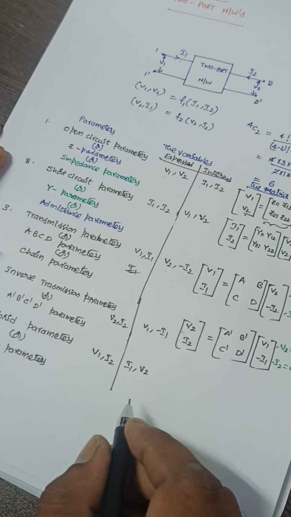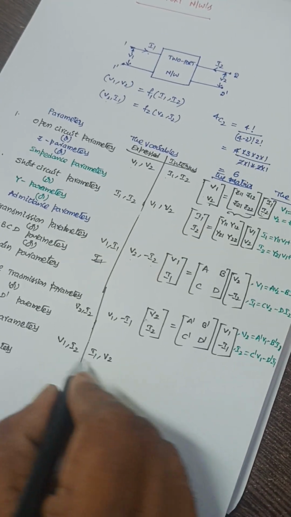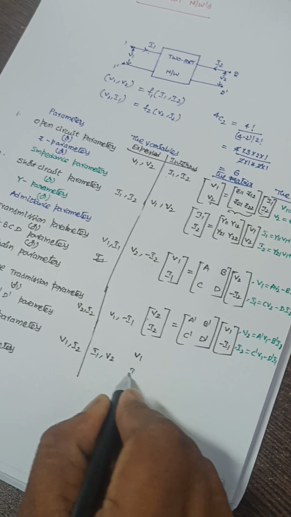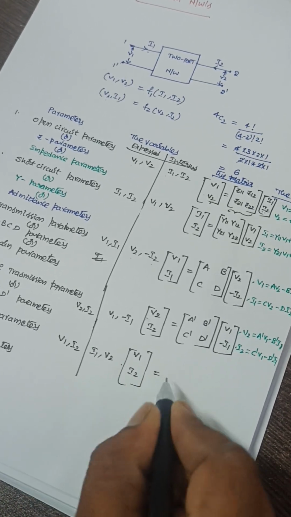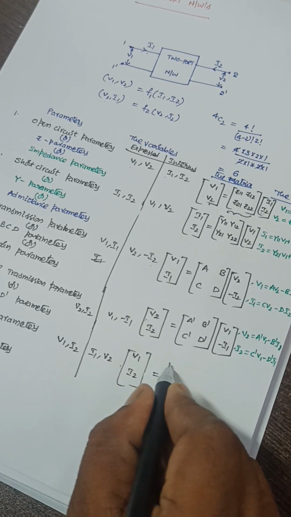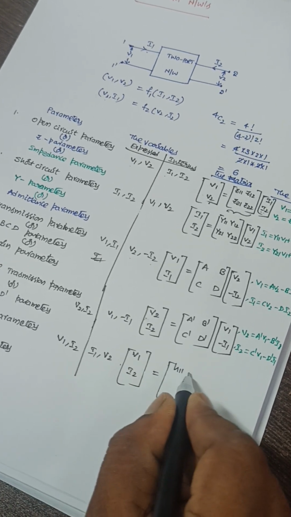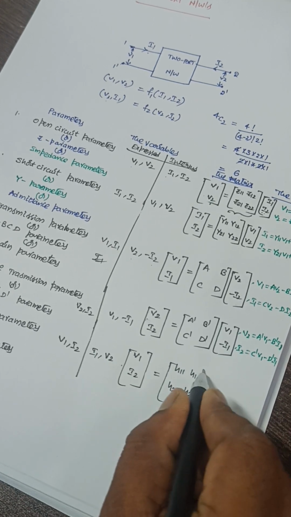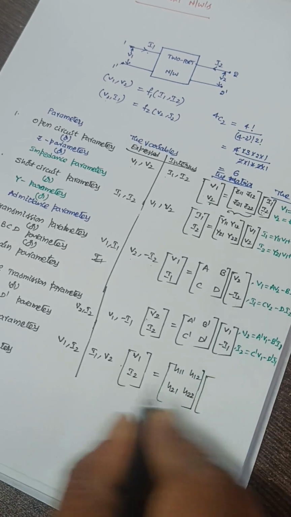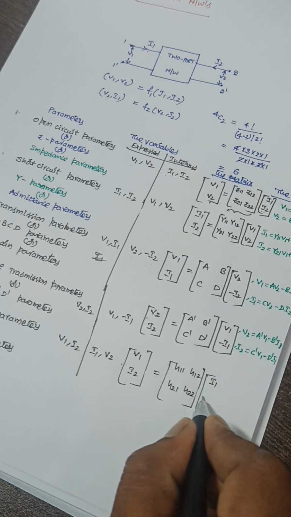In vector matrix notation, V1 and I2 is equal to the matrix H11, H12, H21, H22 times I1 and V2.